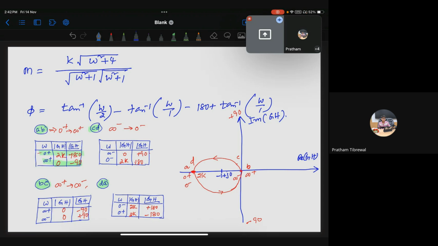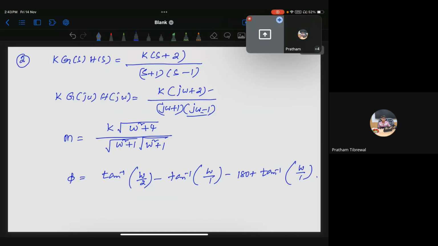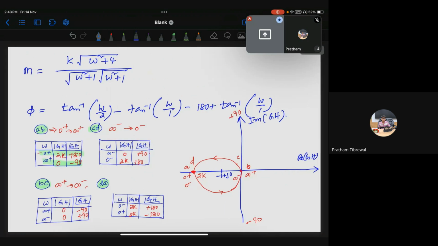Okay. Now given the function, here what is P? P is 1. The number of open loop poles on the right hand side. What is the number? P is 1, correct? Yes or no? Okay. And from this image, what is N? N is 1. Okay.